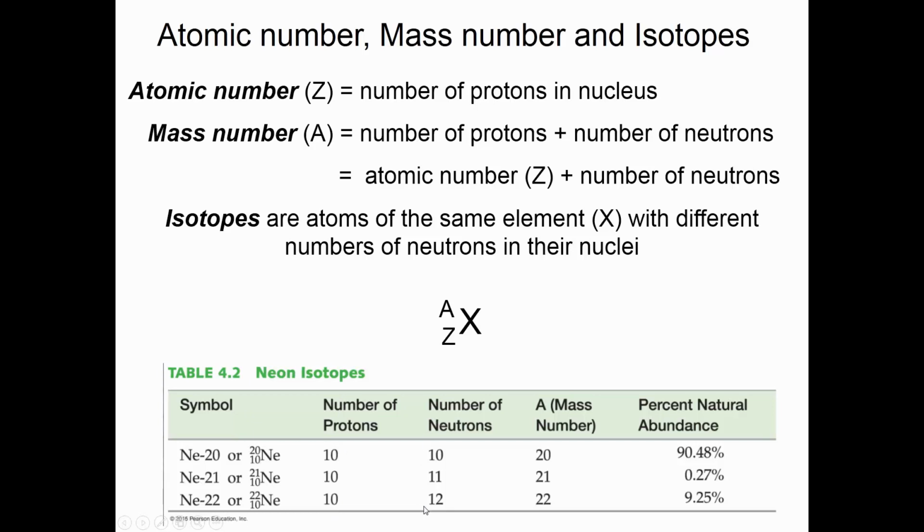The number of neutrons is based on the mass number. So if the mass number is 20, we would say 20 minus 10 gives us 10 neutrons. If it's 21, we can see we would get 11, etc. by the same process. And then this last column is the percent natural abundance. We're not going to worry about that too much for this class. Just understand that naturally occurring elements will have a variety of possibilities here.